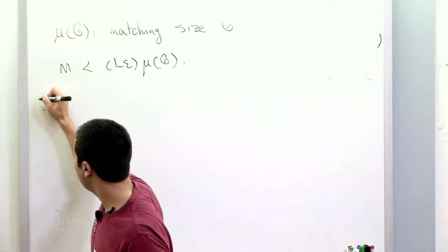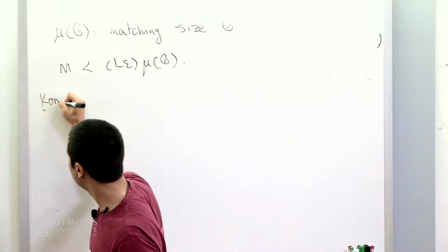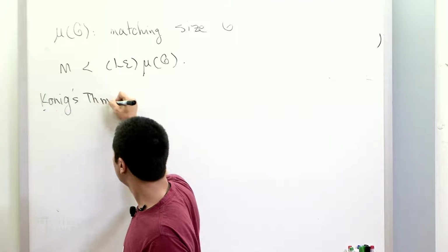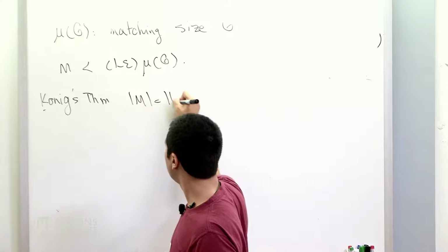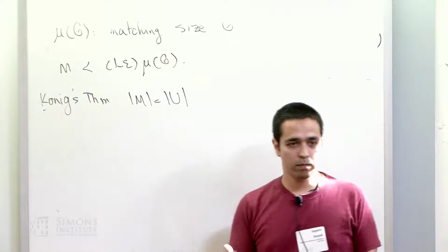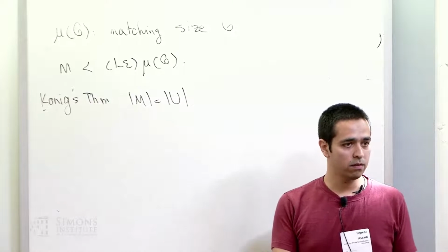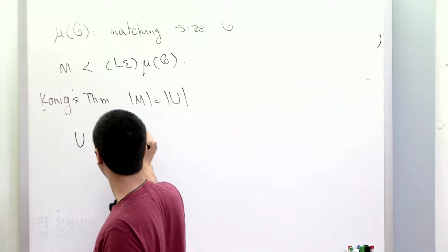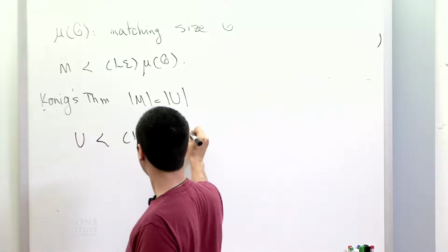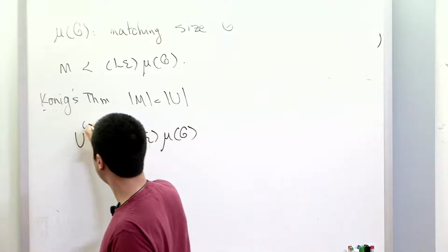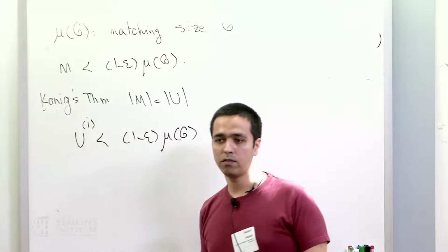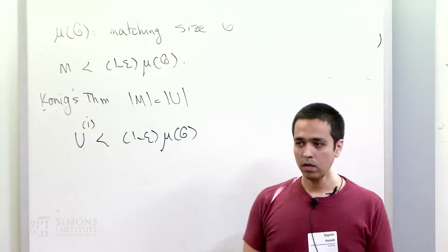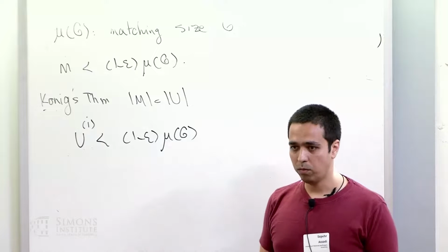Now the only thing I have to use is Koenig's theorem. M is always equal to U. In a bipartite graph, maximum matching and minimum vertex cover are the same. So it means that U is always small. Or in other words, these U_i that I'm finding across all the rounds are very small. Good? So it means that their average is small.